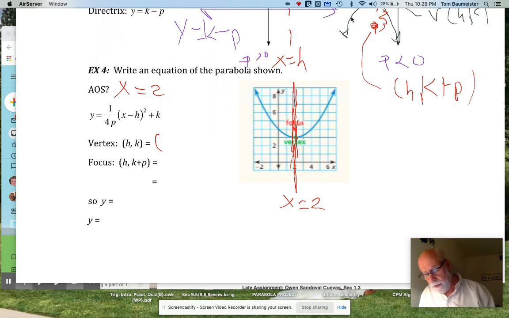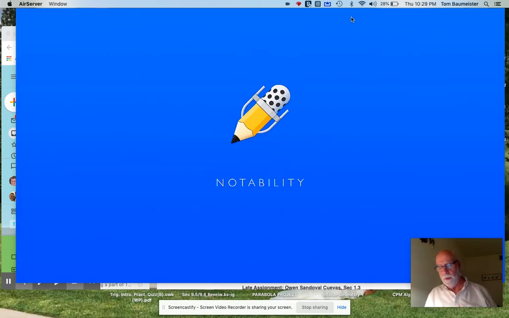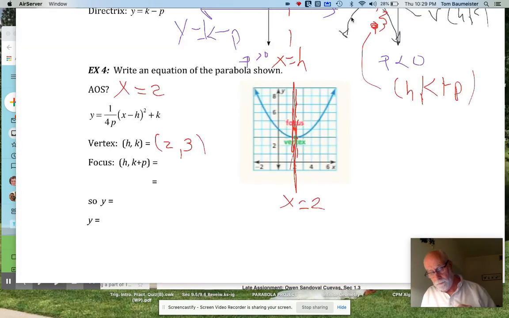So on this here, if you look, hopefully you can see it, it's at 2 and it's at 3. All right. So knowing it's at 2 and at 3, okay. Now look at where the focus is. The focus is at 2 and 4.